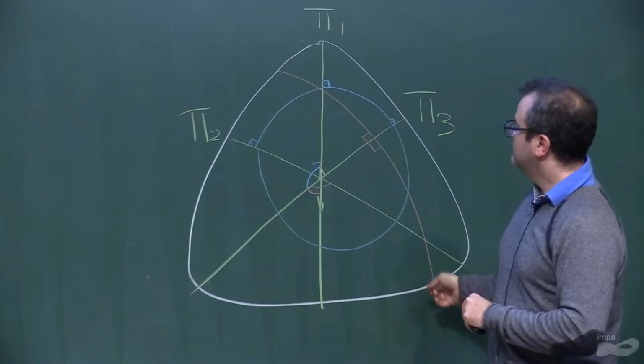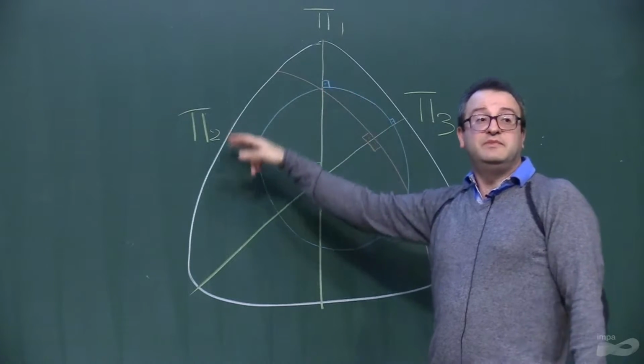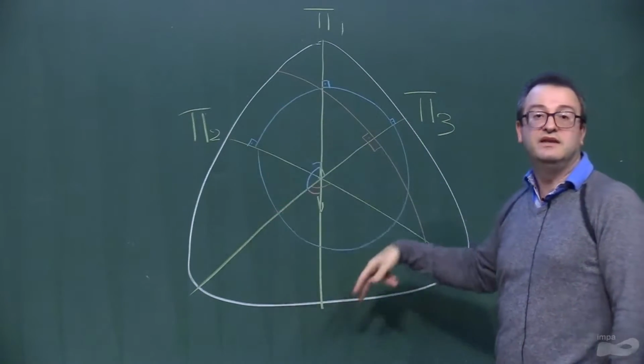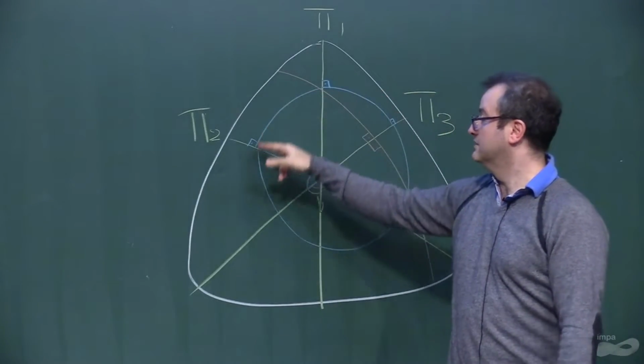The red orbit is believed to be hyperbolic for most of the parameters in between 0 and 1 over 6, this one, hyperbolic. And this one, it's believed, well, not to be elliptic for low energies, but then at some point it becomes hyperbolic, this one.